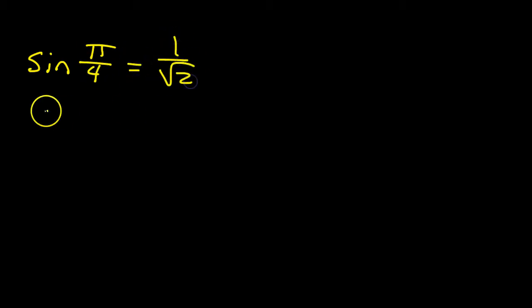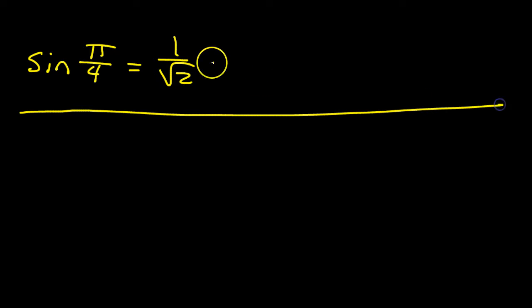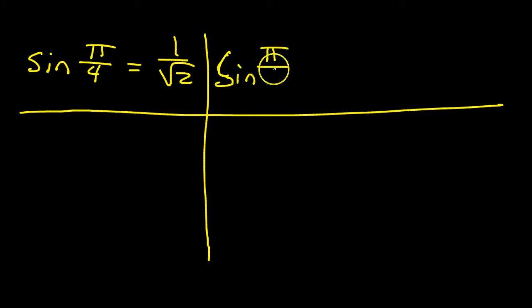Long ago, you should have memorized 3 critical trig values. The first one was the sine of pi over 4. What's that? 1 over radical 2, you better know, people. And you should have memorized the sine of pi over 6.